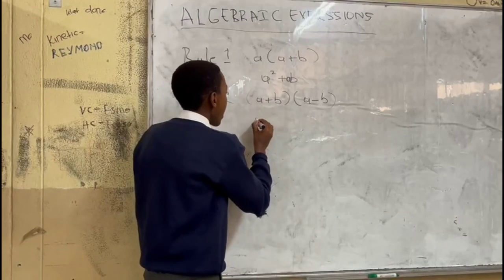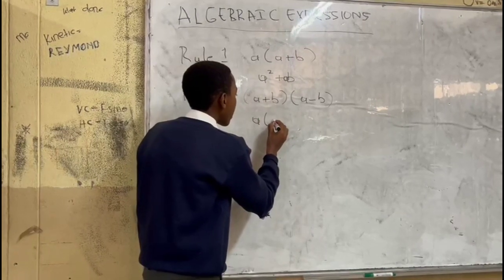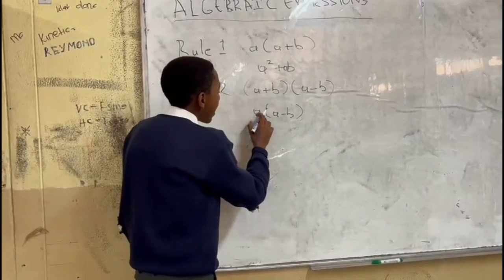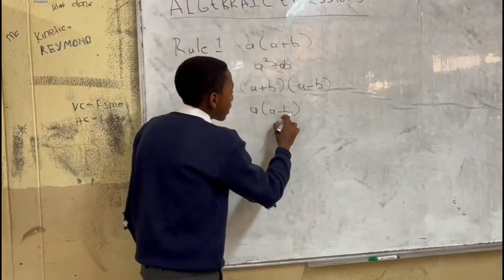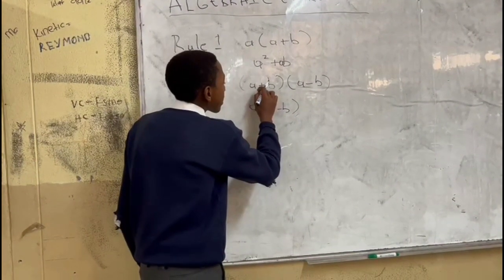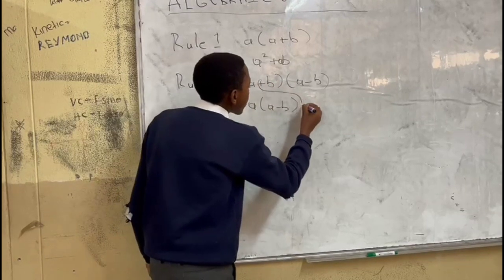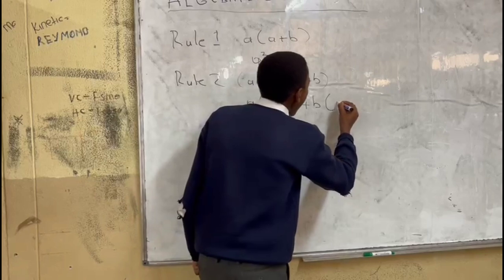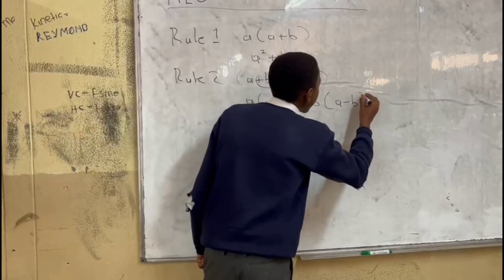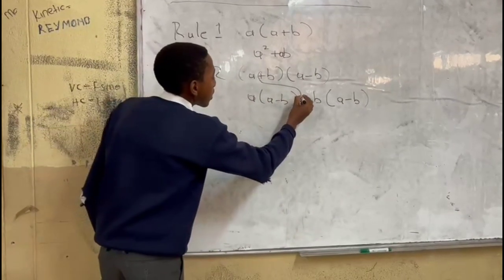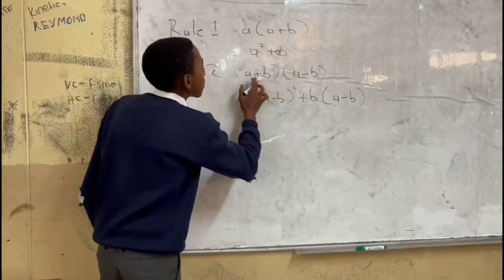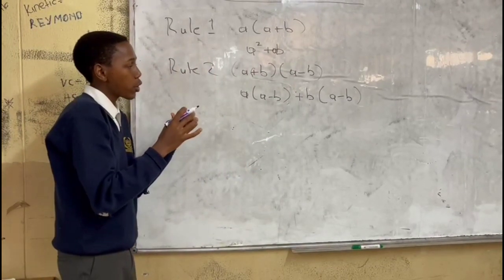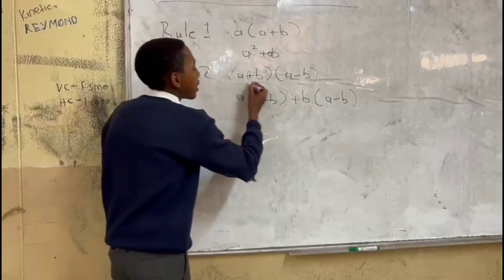We say a(a - b), then you look at the sign. You take this sign, you put it here. It becomes plus b(a - b). Understand? And you're going to erase this because you've seen. It's the quickest method you can use when you're simplifying something like this.